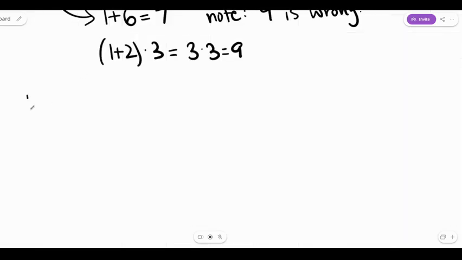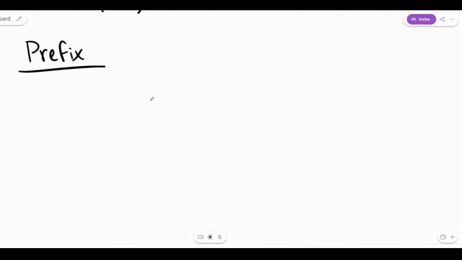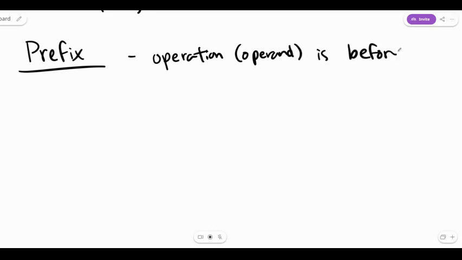So what is prefix and postfix? Prefix is a type of notation for writing expressions where the operation or operand is placed before the two numbers you're operating on.